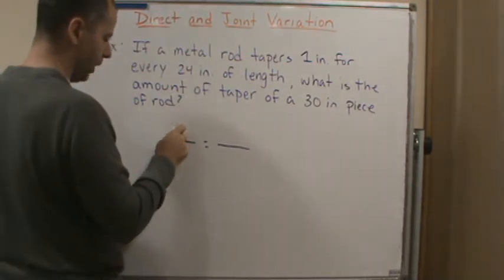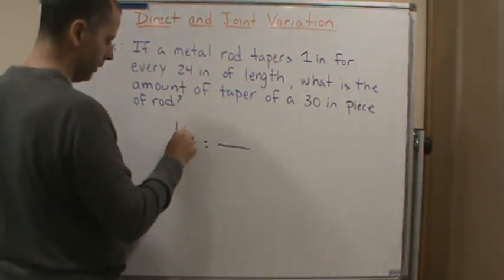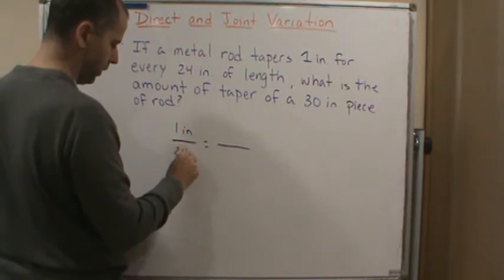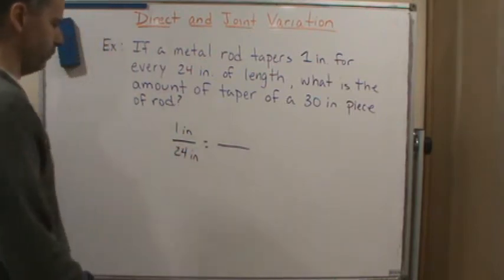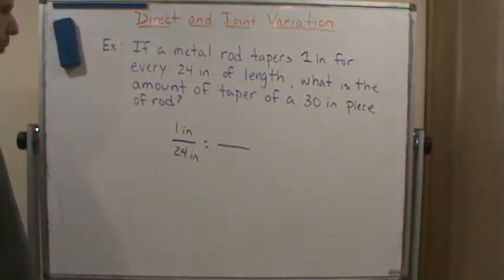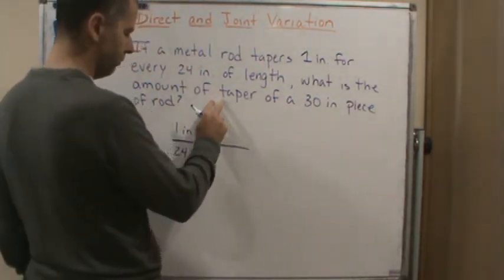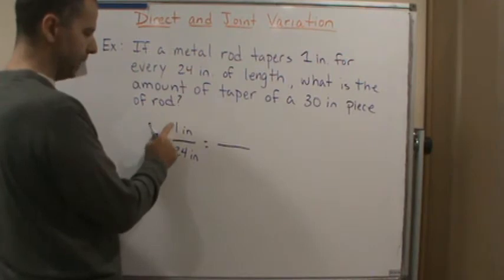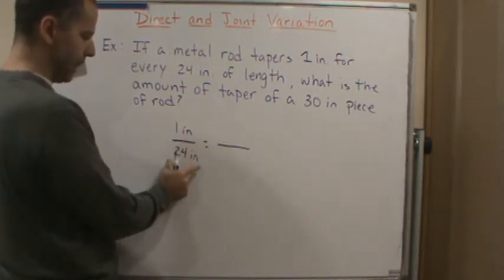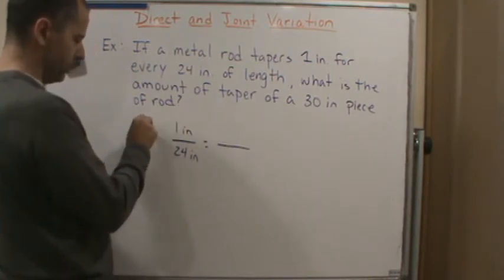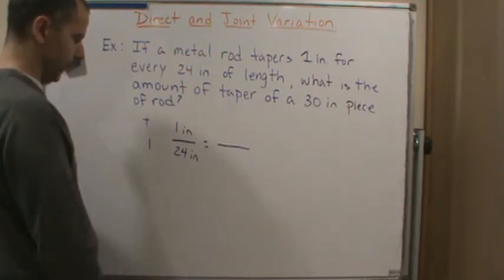So I'm going to say 1 inch for every 24 inches, right? That's one related point. And then it says, what is the amount of taper? So the taper is on top, so I'm putting taper on the top over length.